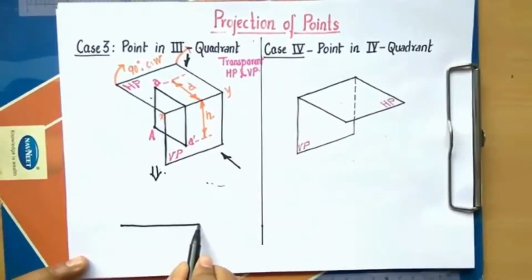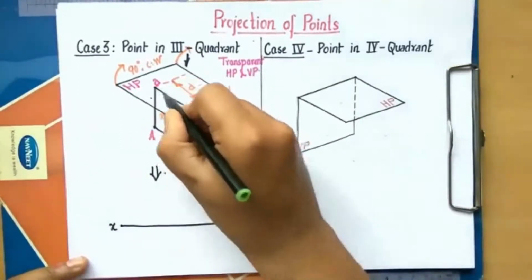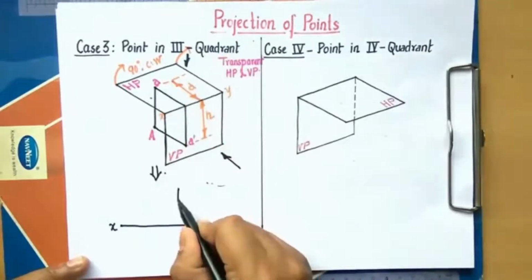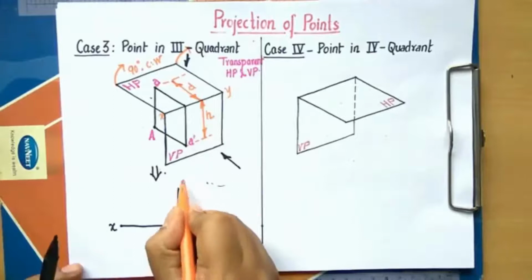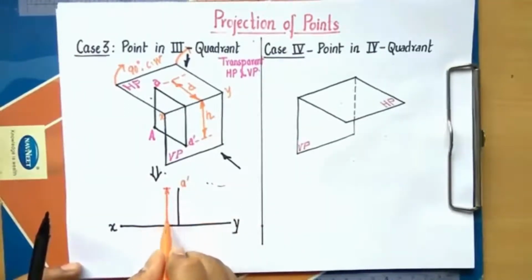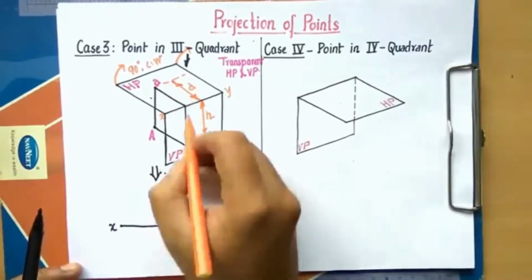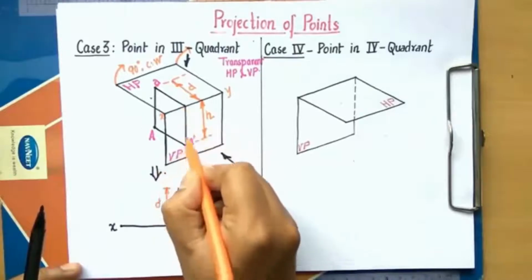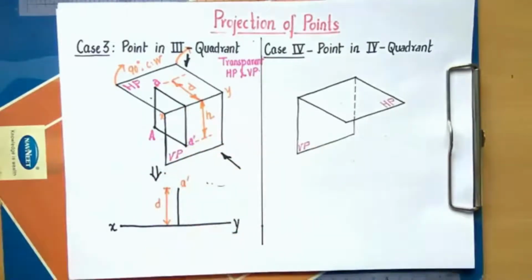We have in front of us an xy line, okay, and this distance will be above, something like this, all right, and this point over here is what you call point A, and this distance, you can work out this distance. Now we are worried about this distance over here, and below it we are going to have point A dash, that is in fact the front view.